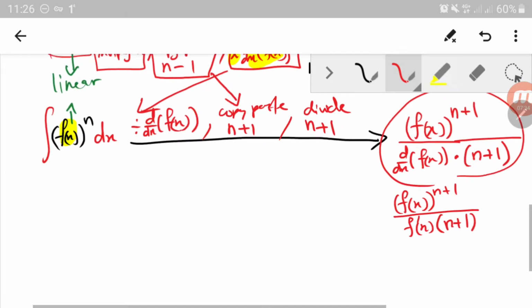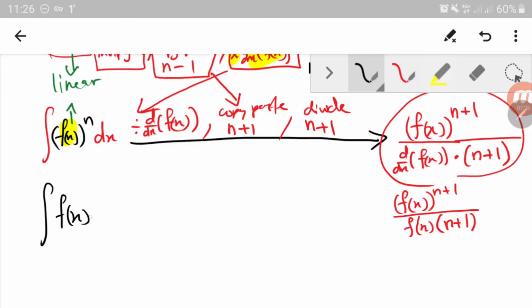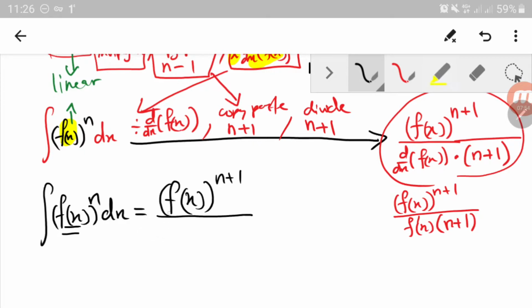So the integration of f(x) to the power of n with respect to x, make sure this is linear, is f(x) to the power n plus 1 divided by f prime x times n plus 1, plus c.